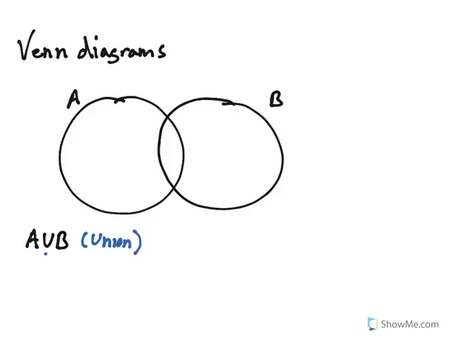What that means is that the union contains all elements in either set.